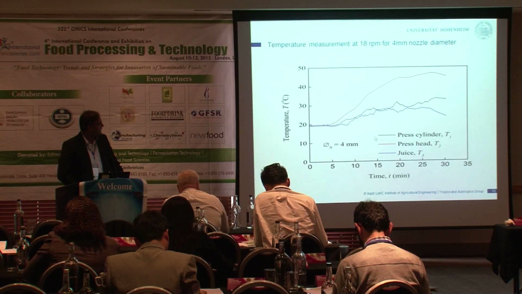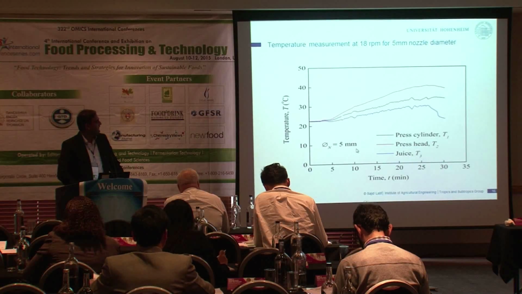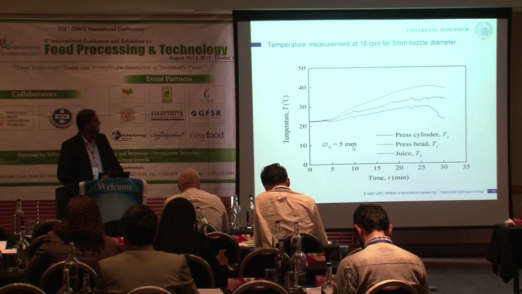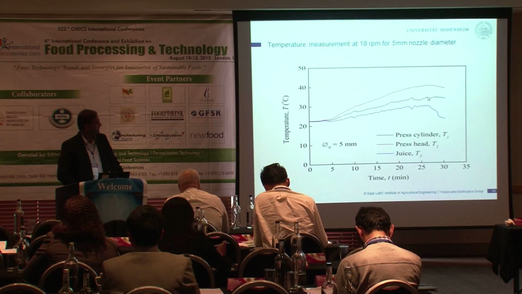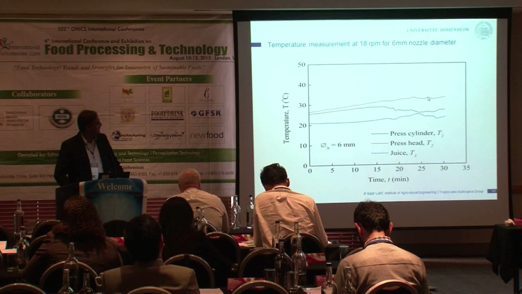So this temperature variation is with the 4 millimeter nozzle size, and when we change the nozzle size, the temperature is reduced, and again with the bigger nozzle size it is reduced further, but anyhow it's not exceeding 50.